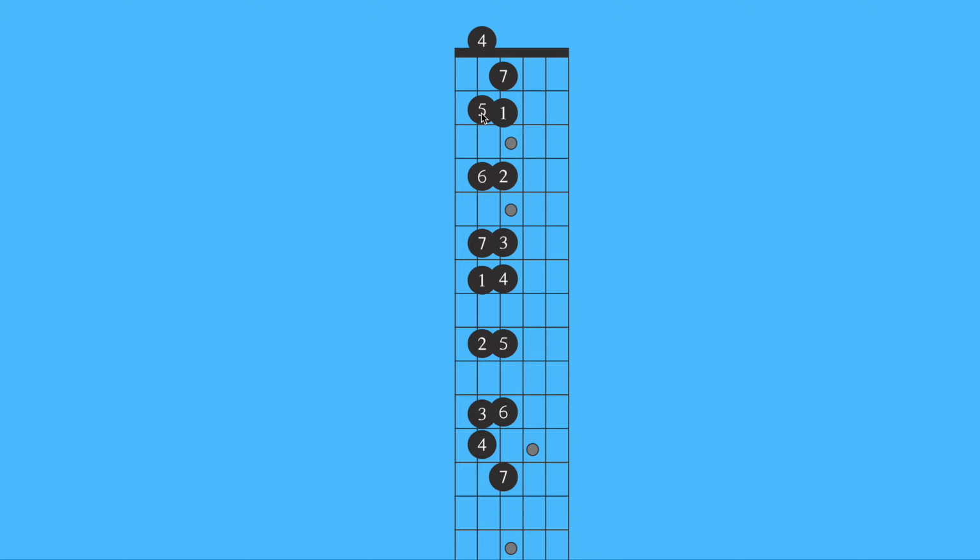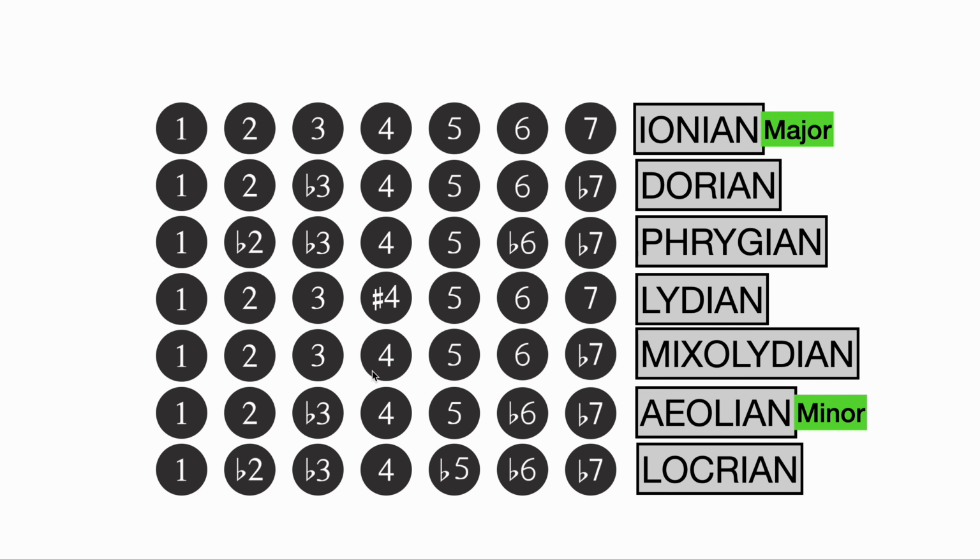We see 4 to 7, now 5 to 1, 6 to 2, 7 to 3, 1 to 4, 2 to 5, 3 to 6, 4 to 7. So the existence of the fourth to guitar players specifically is important because the instrument is tuned in fourths. So that helps us figure out the neck of the guitar from going from one string to the next. Once we know the scale in one, then we have it for the other.